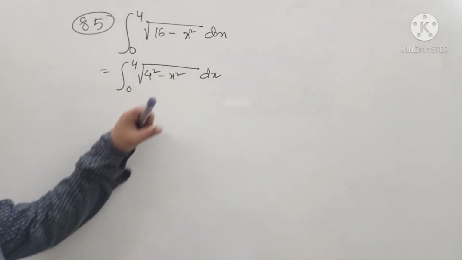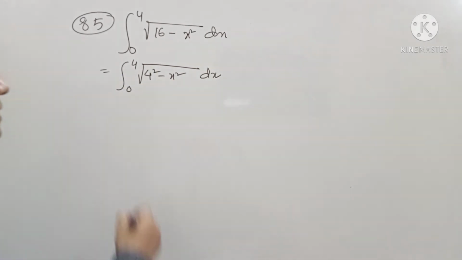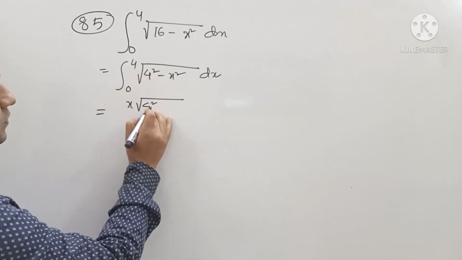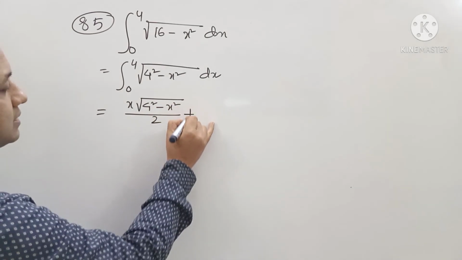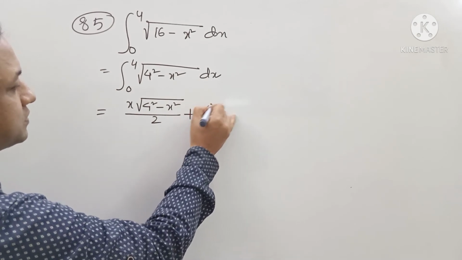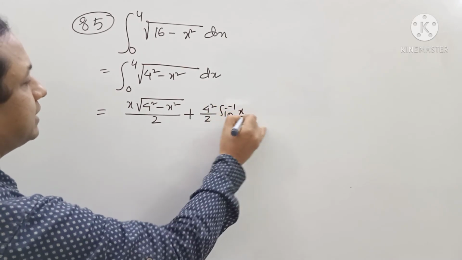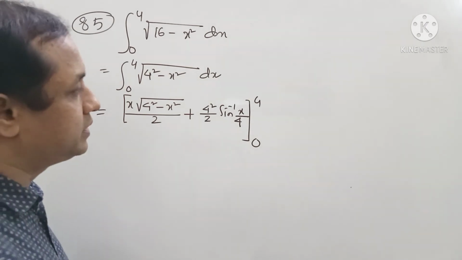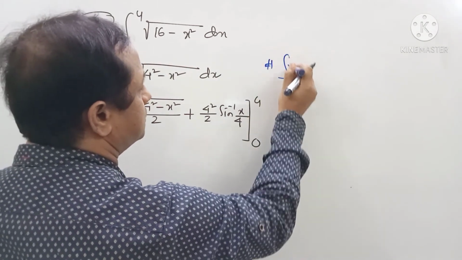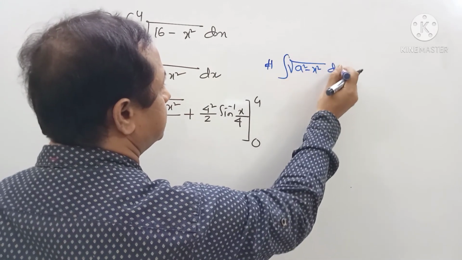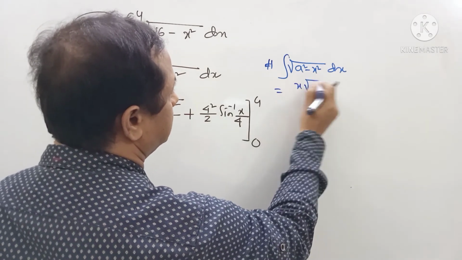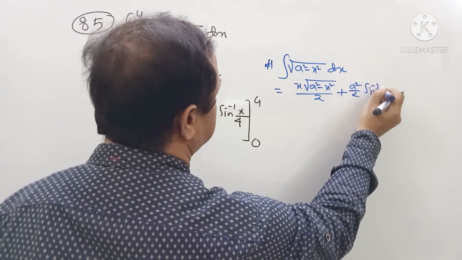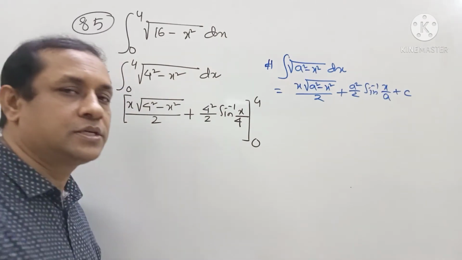Now using the formula, memorize it, student: the integral of root over a square minus x square dx equals x root over a square minus x square by 2 plus a square by 2 sine inverse x by a plus c. This is the integration formula.